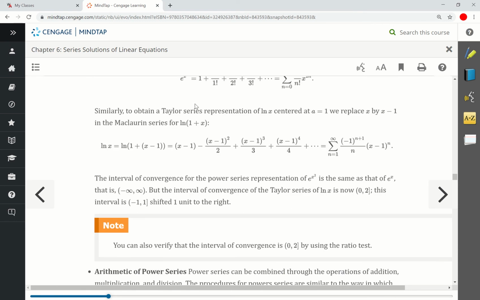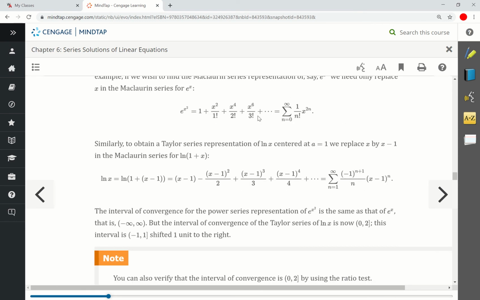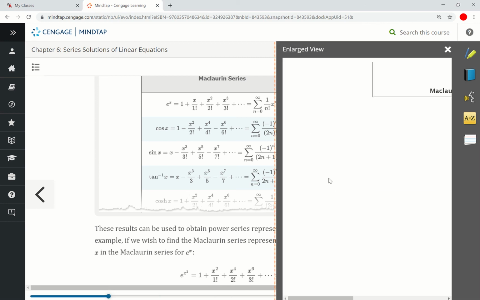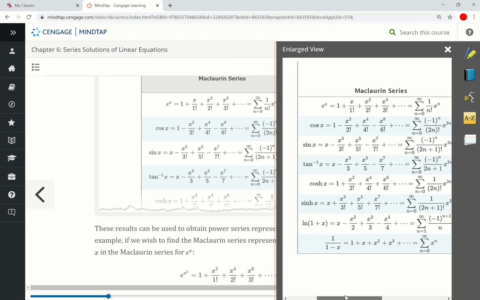We could do the same thing too. If we wanted to find, let's say, a Taylor series expression for the ln of x, but let's suppose we want it to be centered at a equals to 1. If we're going to be centering it at a equals to 1, then essentially what we would like to do is replace the x by x minus 1. So let's come back here. Now the Maclaurin series that's given in the textbook is not just for the ln of x, it's actually for the ln of 1 plus x.